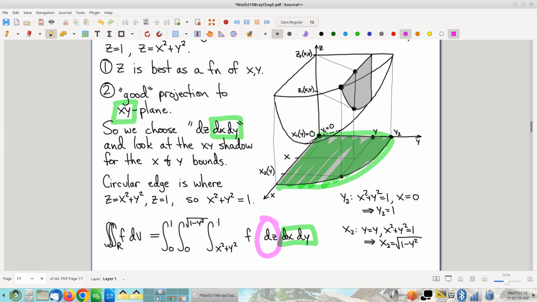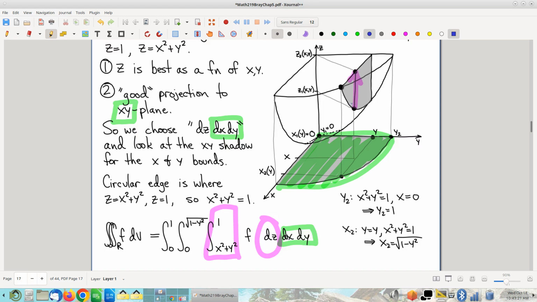That means when it comes time to figuring out these inside bounds, those inside bounds are going to be in the Z direction. And it's just a consequence of the shadow that I've chosen to look at, how I'm setting up this projection. And notice that for those bounds, as I look for the range of values of Z, notice two really nice things.